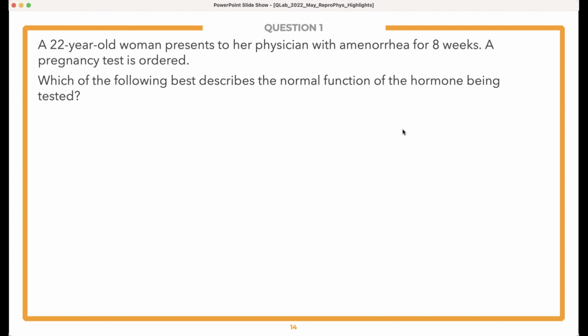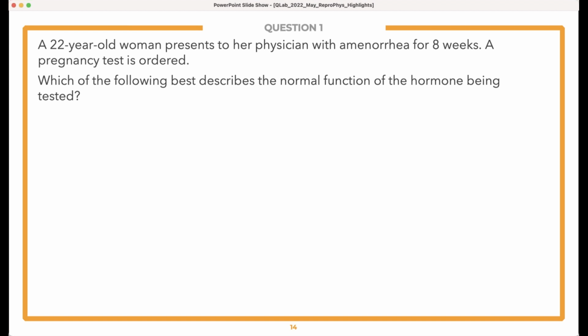A 22-year-old woman presents to her physician with amenorrhea for 8 weeks. A pregnancy test is ordered. Which of the following best describes the normal function of the hormone being tested? Let us know how many steps you think that it'll take to solve this one as I pass it over to Paris.